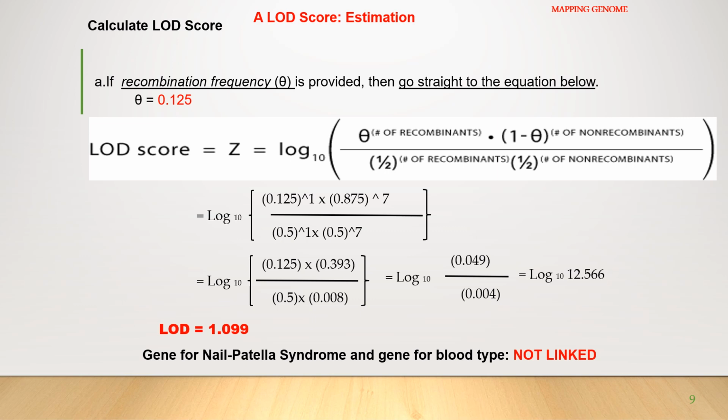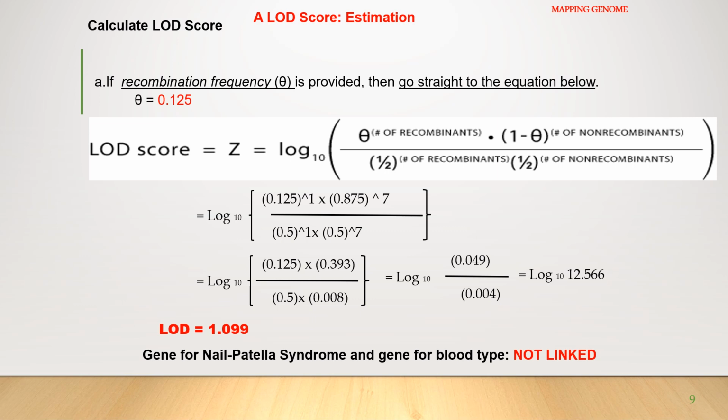Now here Z is equal to log 10 of the ratio of theta, here 0.125, to the power of the number of recombinants. In this particular example, the recombinant that we found was 1, into 1 minus theta, that comes to be 0.875, to the power of the number of non-recombinants.